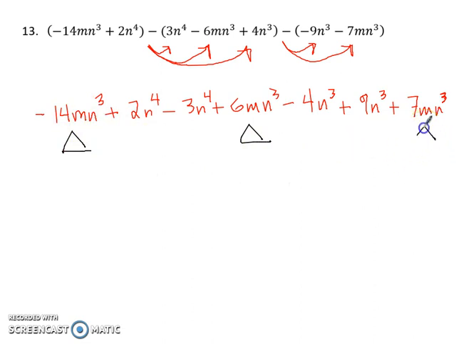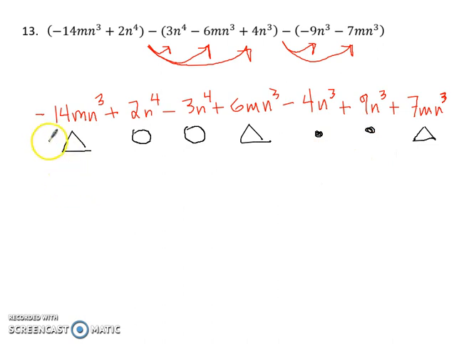And then over here we have a 7mn to the third as well, same variable and exponent. Over here we have a 2n to the fourth and a negative 3n to the fourth, same exact variable and exponent, n to the fourth. Over here we have an n to the third and an n to the third. Those terms both have n to the third, therefore they are like terms.